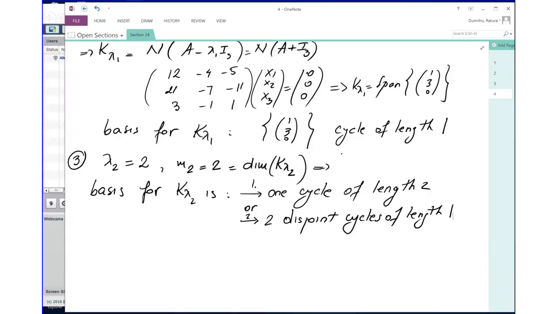And linearly independent, so they form a basis together. So the second option here basically means that there are 2 linearly independent eigenvectors in K lambda, while option 1 means there is just 1.